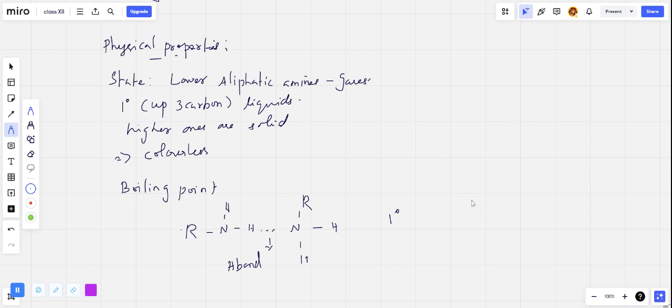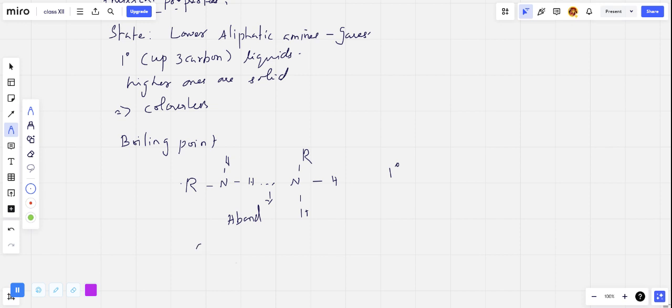Tertiary amines will not form an H bond because there are no hydrogens on nitrogen in tertiary amines. So both primary and secondary amines form hydrogen bonds, so their boiling point will be higher. Higher boiling point due to H bond.